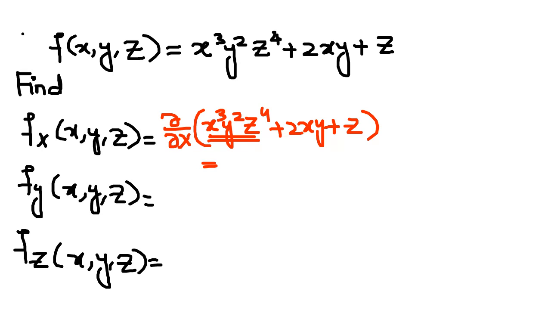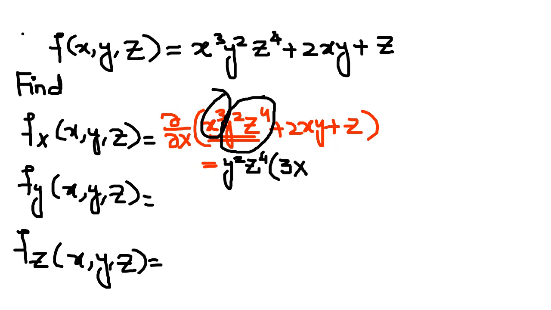Partial derivative with respect to x. y square z power 4, but they are multiplying each other, so it means this term is a constant. So y square z power 4 is constant. And what is the derivative of x power 3? That is 3x power 2. Yes.